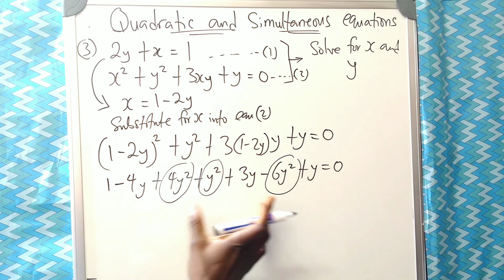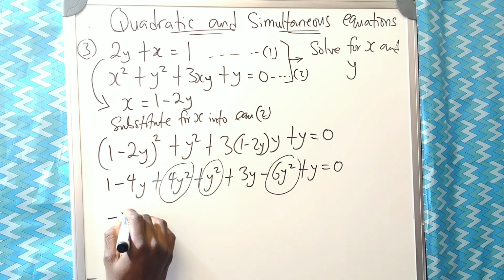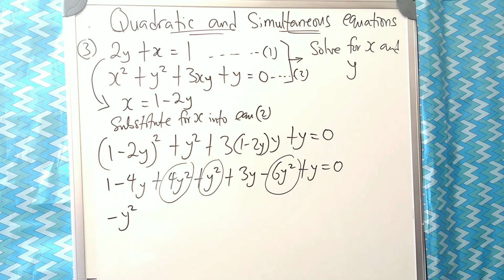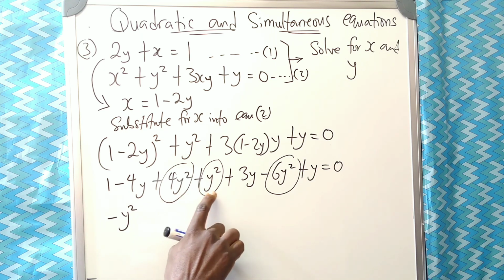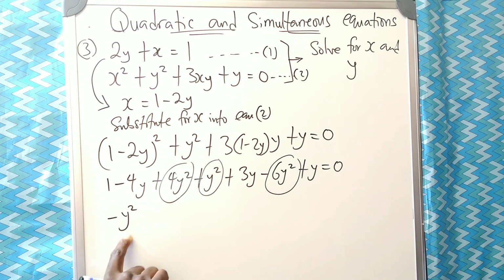If we bring all of them together, we're going to have minus y squared. It's like saying minus 1y squared, but we don't write the 1. So we put minus y squared, because 4y squared plus y squared is 5y squared, minus 6y squared leaves minus 1y squared. All right, that is settled.